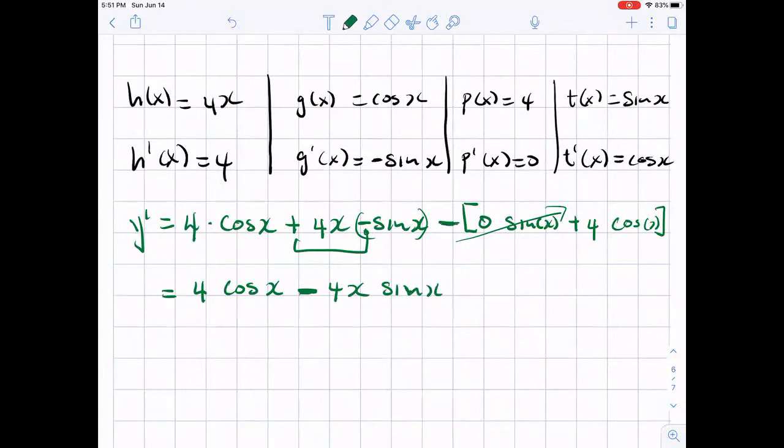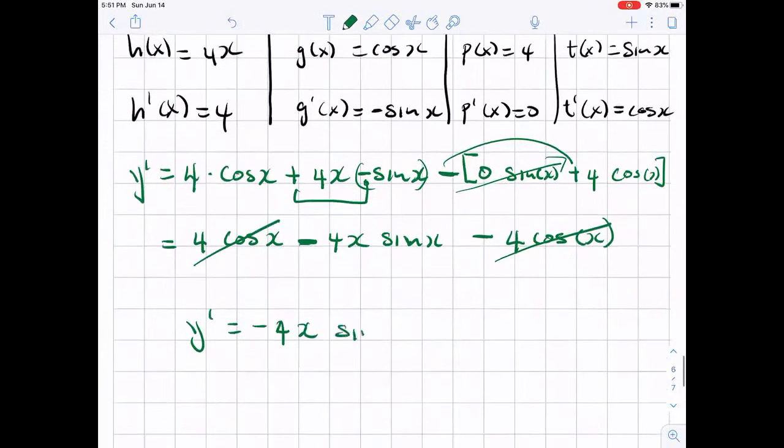And when you distribute this negative, this becomes minus 4 cosine x, which cancels with the other 4 cosine x. So y prime is equal to negative 4x sine of x.